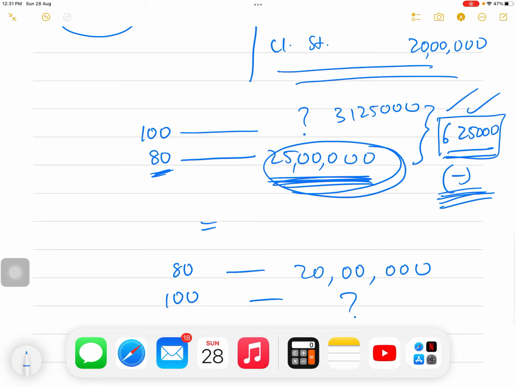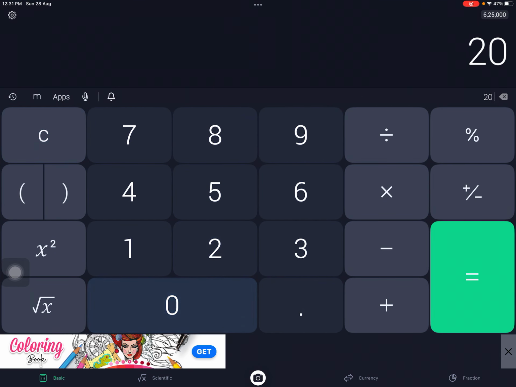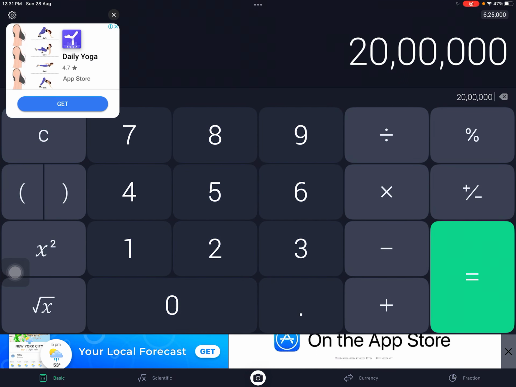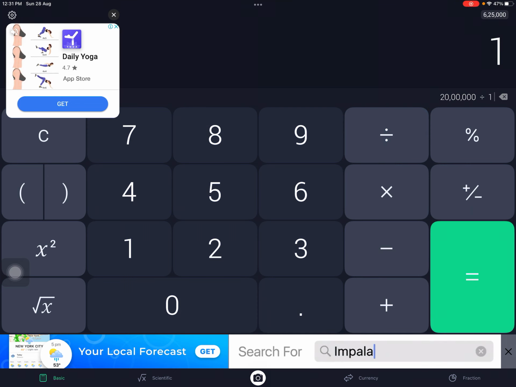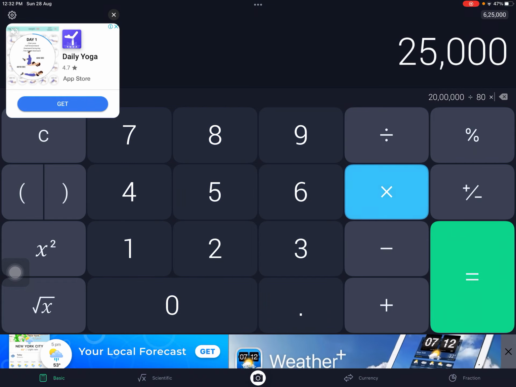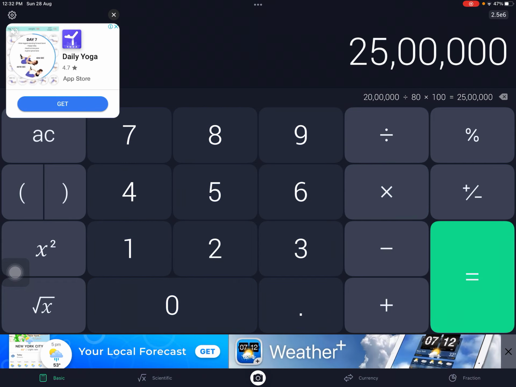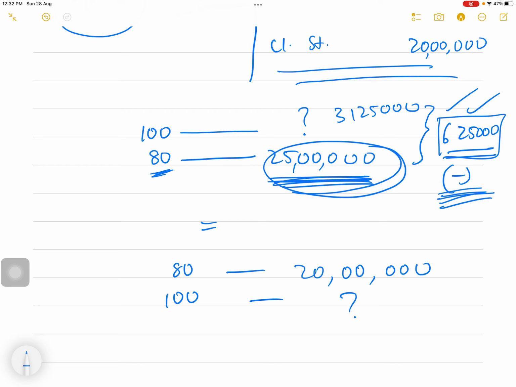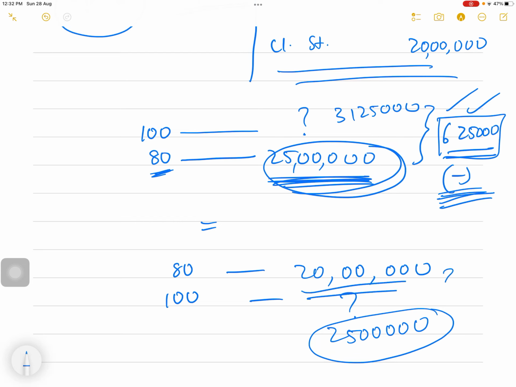So let's calculate. 20 lakhs divided by 80 multiplied by 100. So it comes to 25 lakhs. Your closing stock should be 25 lakh, but you have shown 20 lakh. So 5 lakh income you have not shown, right? The difference is 5 lakh. So this 5 lakh you will add.